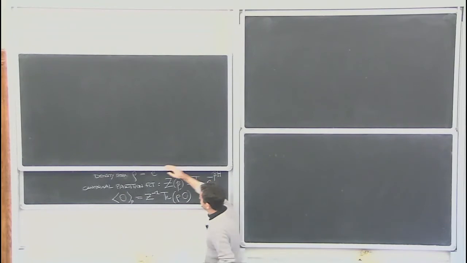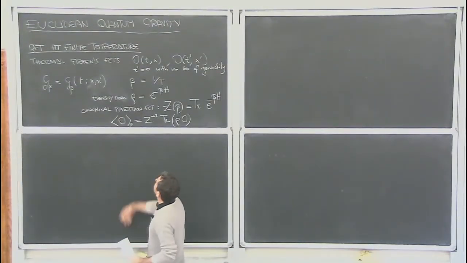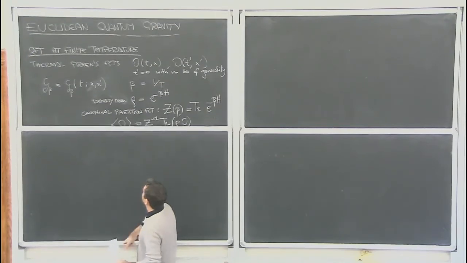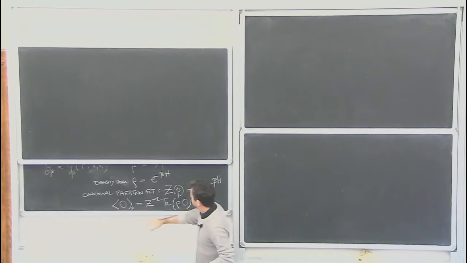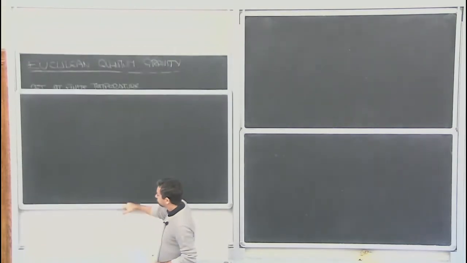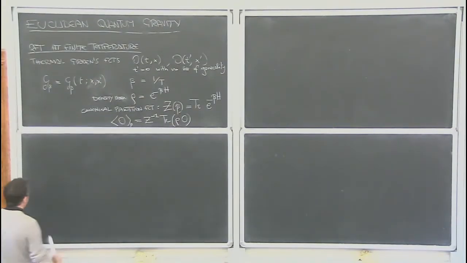I don't know if you can see that? Well, this is the one-point function. I have the normalization, then the trace of rho times the operator. Right here, anyway, the same thing.